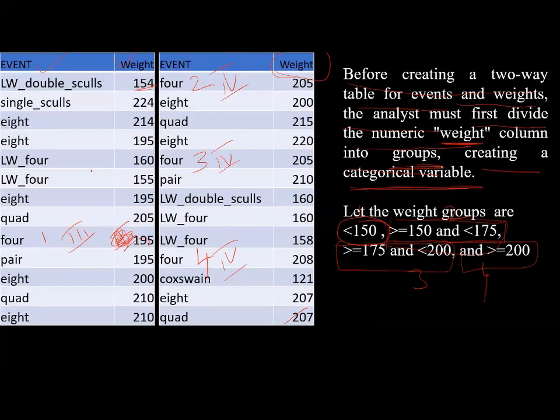Coming to the pair. Looking at the pair, 1, 2, only 2 are there. So this is 195, so the third category and the fourth category.